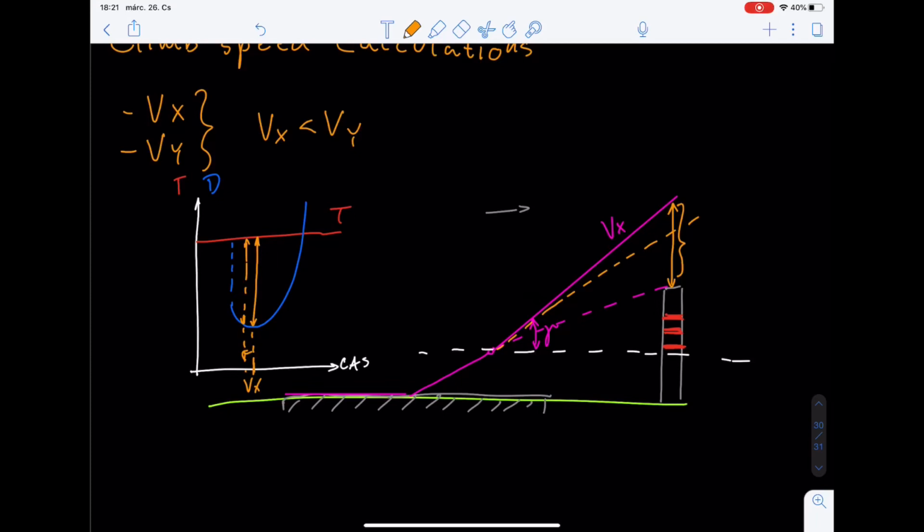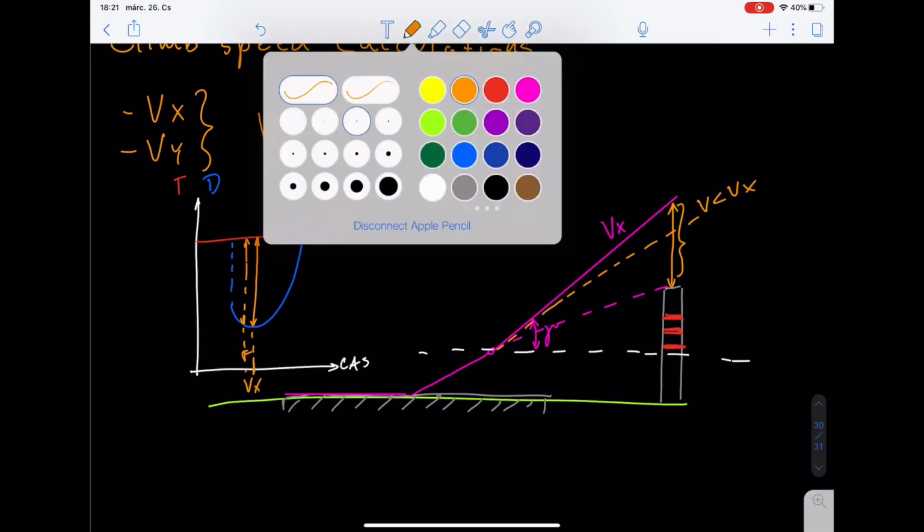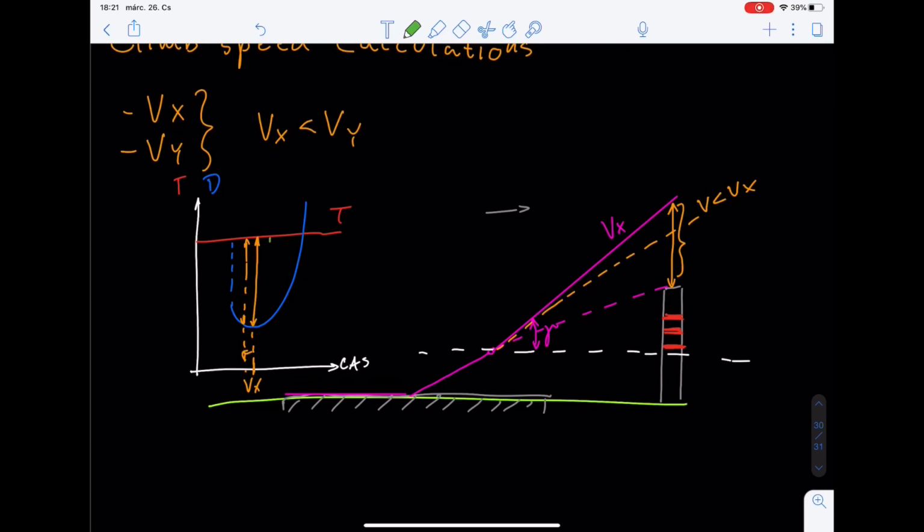So this is with a V which is less than Vx. Okay, so what happens if I choose a higher speed than Vx? In that case, it's also visible that my excess thrust is yet again smaller, so my flight path angle is going to be smaller as well, so this V is larger than Vx.